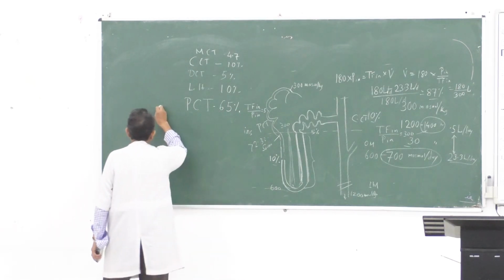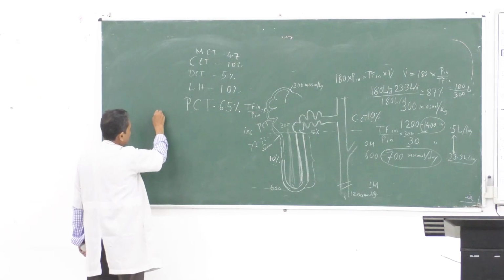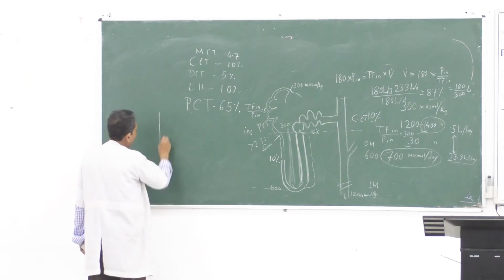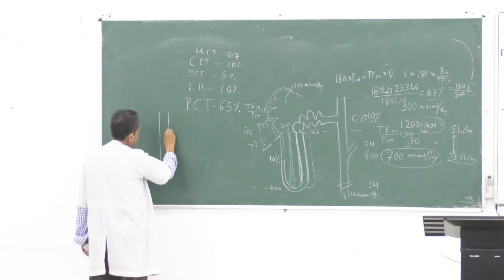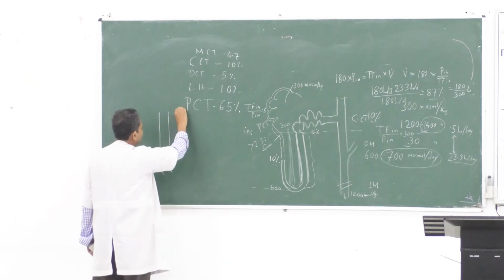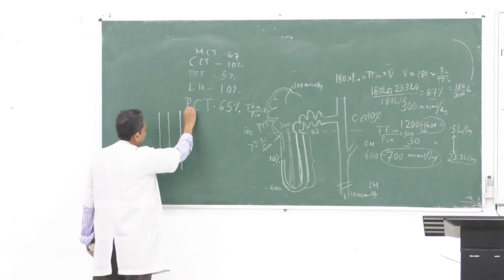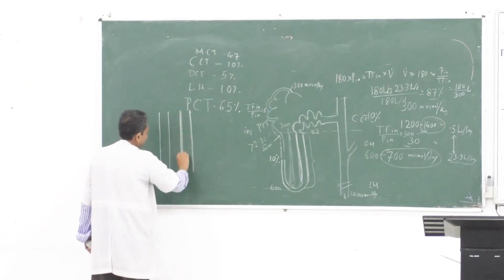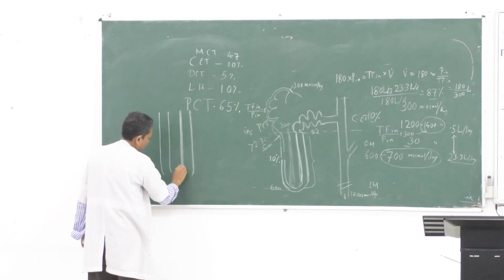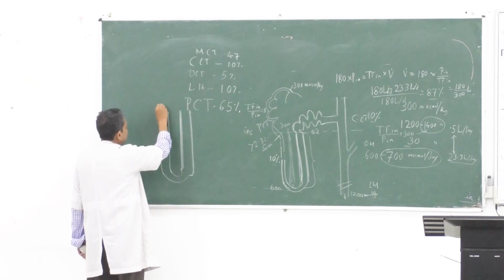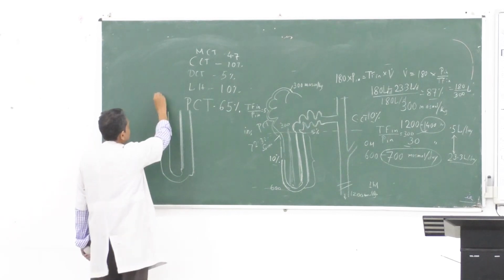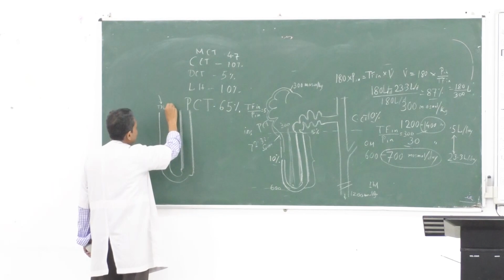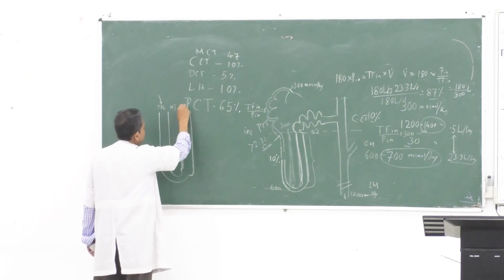Consider the case of a cortical nephron, loop of Henle. And it is the medullary interstitium. It is the thick ascending limb of loop of Henle.